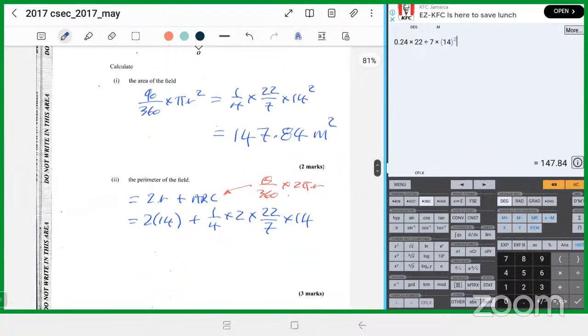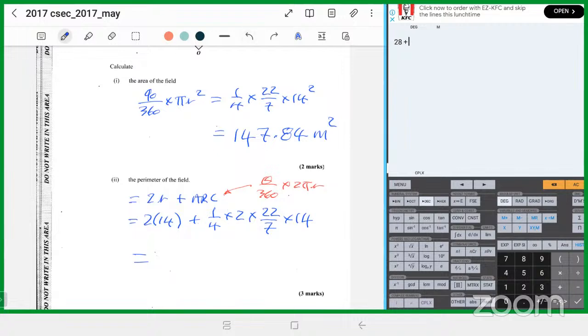Put all that in the calculator one time. So it's 2 times the 14 here, which gives 28, plus a quarter.